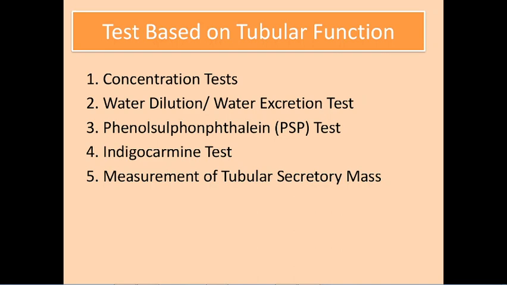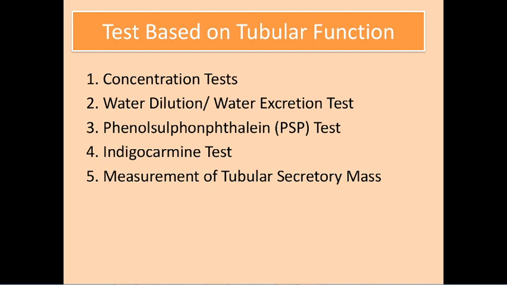So urine concentration tests are conducted either under conditions of restricted water intake, that is the water deprivation test, or by inhibiting diuresis using an injection of ADH. These are simple bedside procedures, easy to carry out and extremely important. They are based on the ability of the kidneys to concentrate urine and on measuring the specific gravity of urine. That is the main point here.